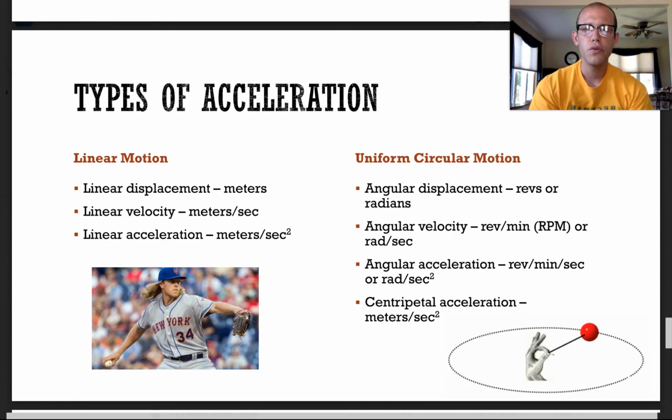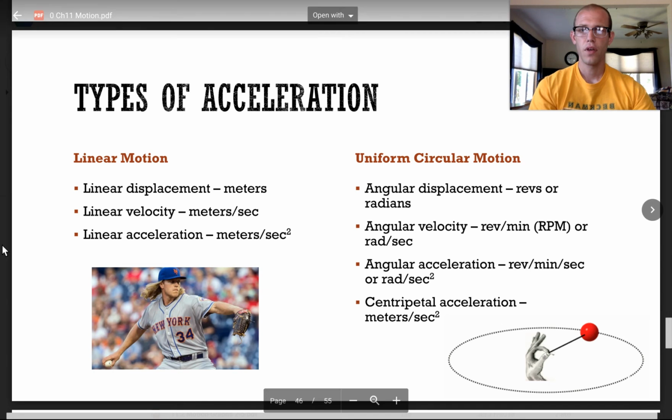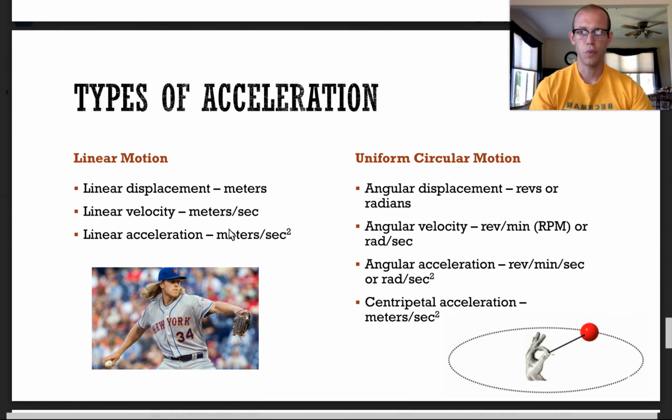Remember that when you accelerate, your velocity is changing. Either the number of your velocity, the magnitude, or the direction, because velocity has both a magnitude and a direction to it. So a lot of times we talk about linear motion, which is in meters. The velocity is in meters per second, and the acceleration we will use will be meters per second squared.